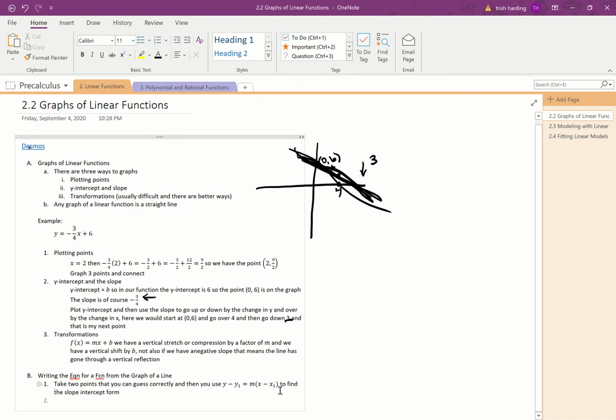Another way you could do that is you could count the rise over the run. So what that means is you would count the number it goes up to a point divided by how many over to that point.